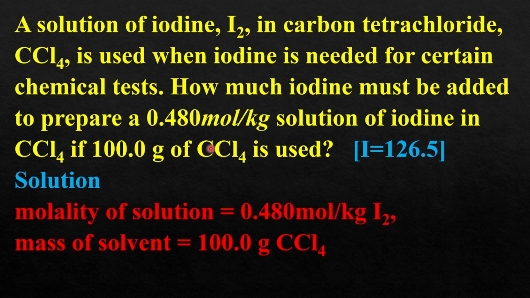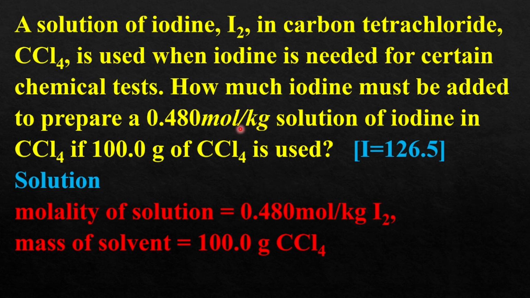So in this question, we have to know the solvent and we have to know the substance involved. So let's go through the question again, looking at the parameters given. The question says how much iodine must be added. How much? Now looking at this, we have been given the molarity. Why molarity? Because the unit attached to this figure here is mole per kg.